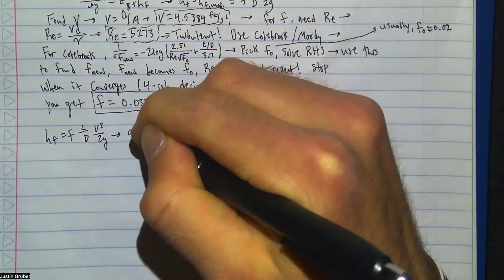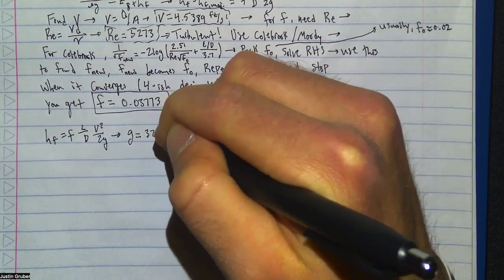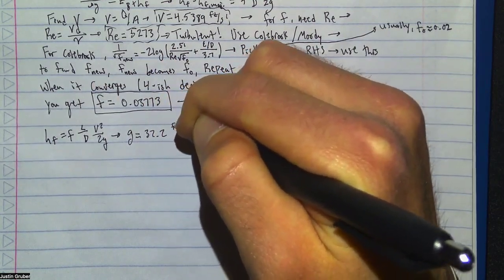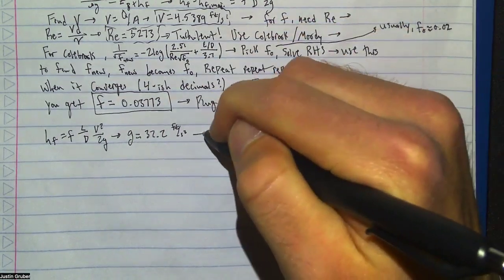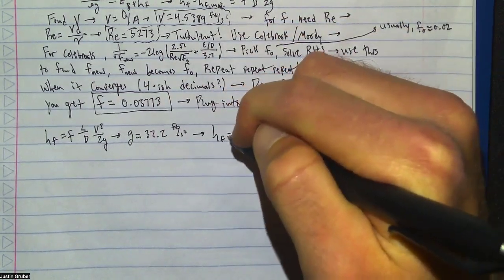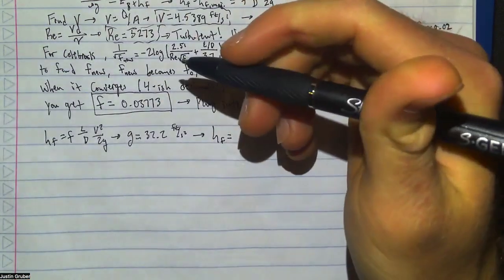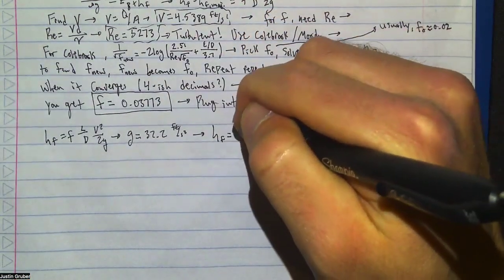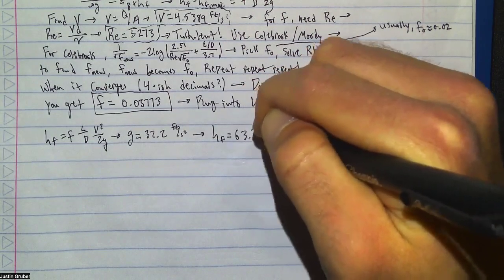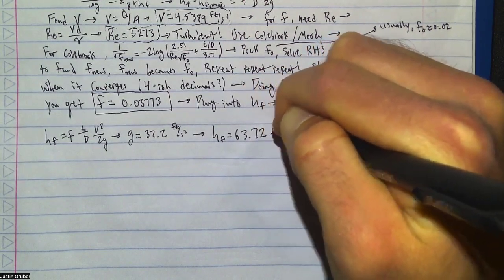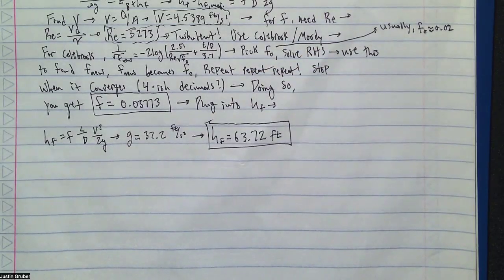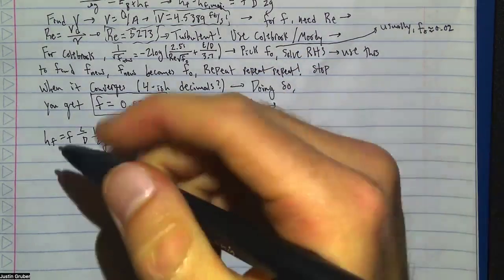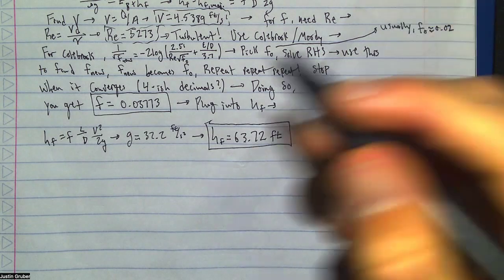So plug that in, and for the record, G equals 32.2 feet per second squared, because we're in freedom units, right? So HF should get you about 63.72. This is in feet again. So step one accomplished. Step one, answer one. So now we want to find delta P.